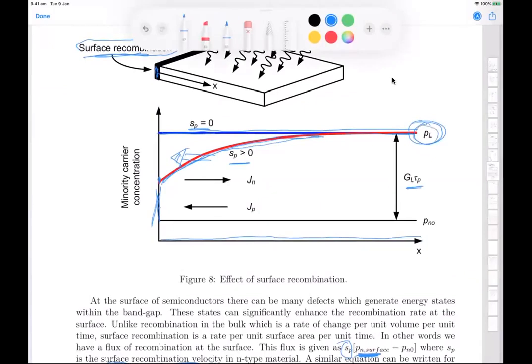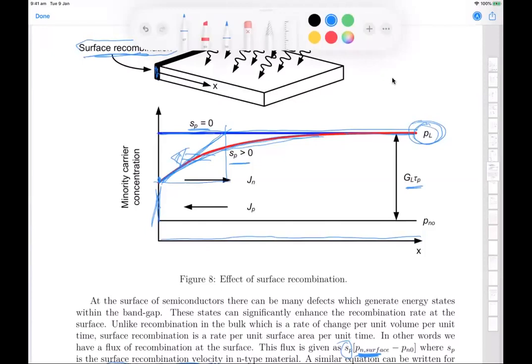And this diffusion length term will be related to the slope at the origin of this exponential function. So the diffusion length tells us how deeply the influence of the surface recombination reaches into the bulk.